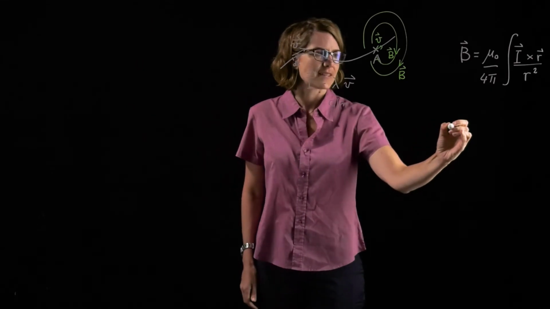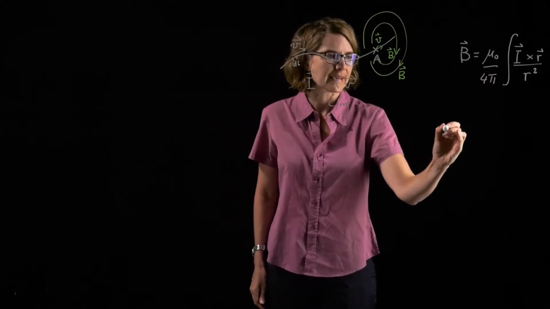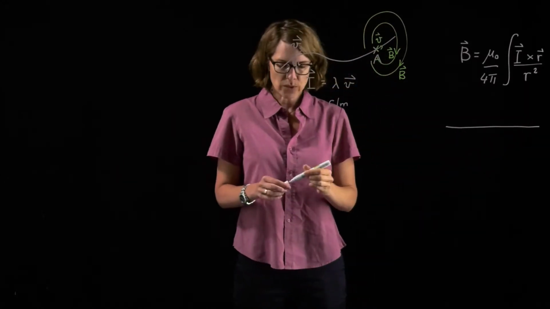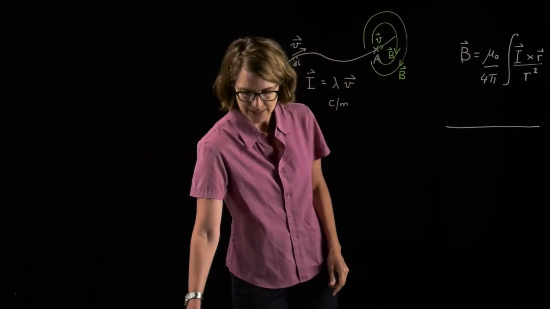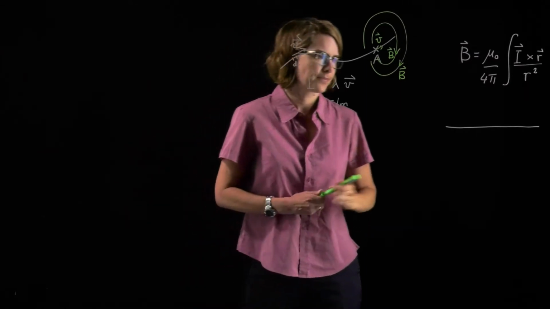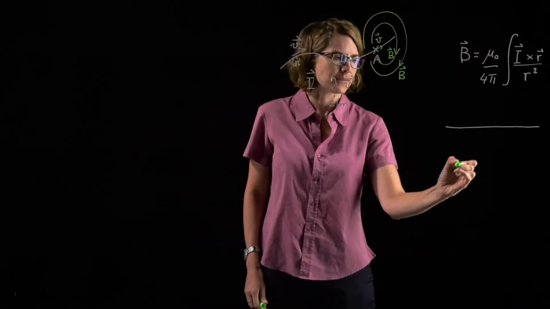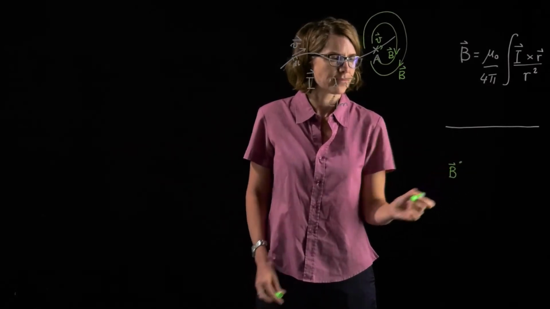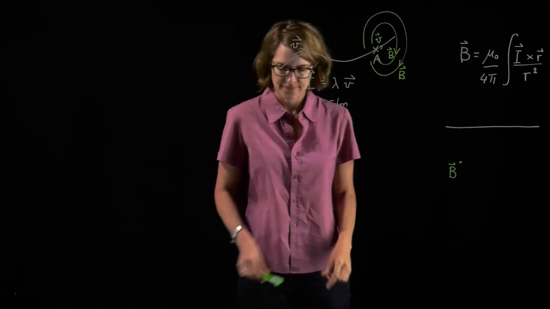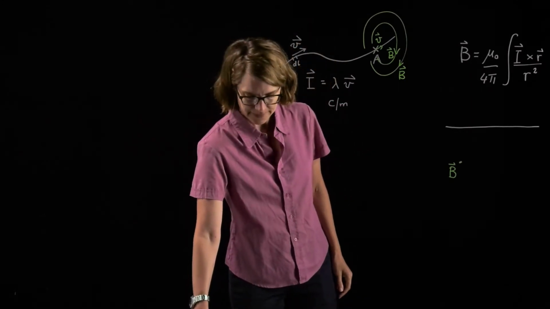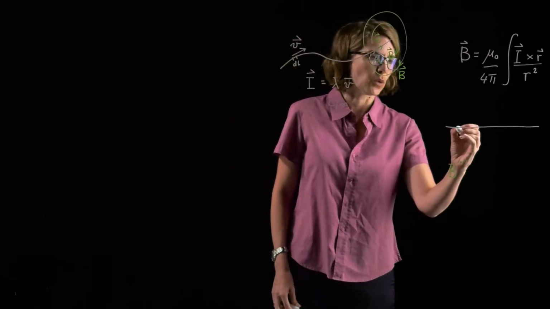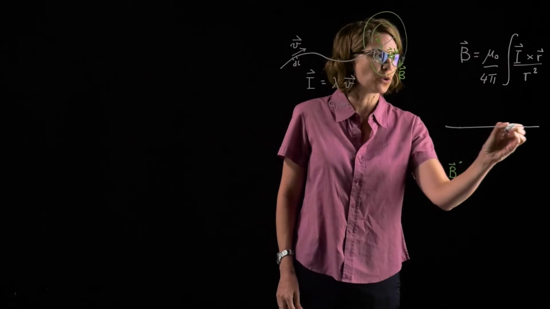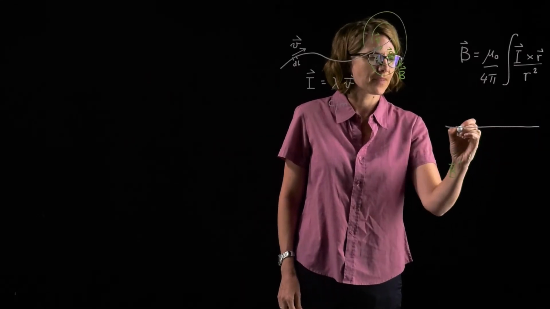So if I draw that diagrammatically here, imagine we have a straight wire. It will give us the magnetic field at a certain point. Let's say here. And the magnetic field there, just at that point, is given by, well, we're going to start at one end and move all the way to the other end of this wire.